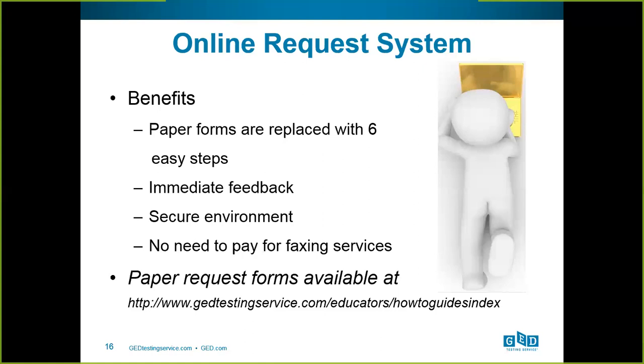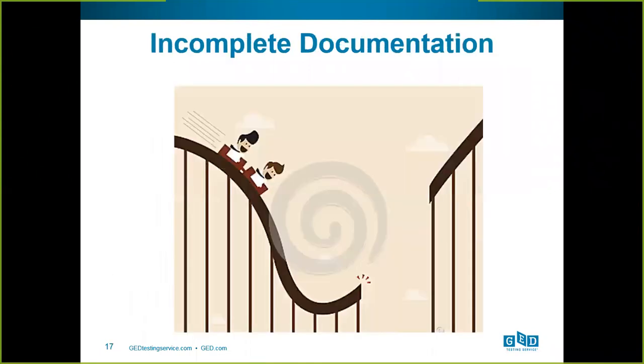So the paper forms are available here. This is the magic key to find them. Again, please encourage your students to use the online system if they can, but if not, they're in the how-to guides at this website, so you can find them there.